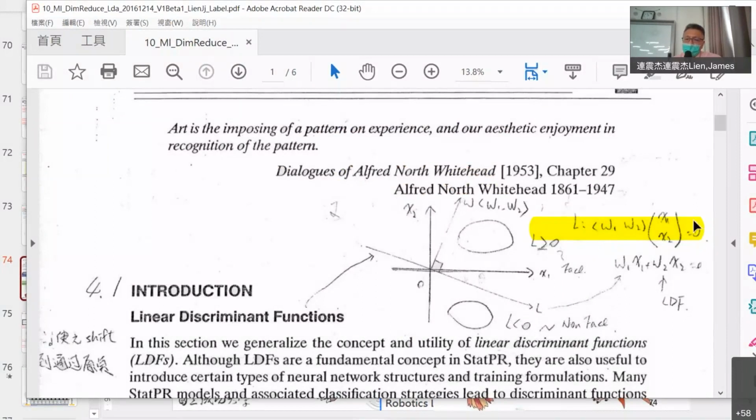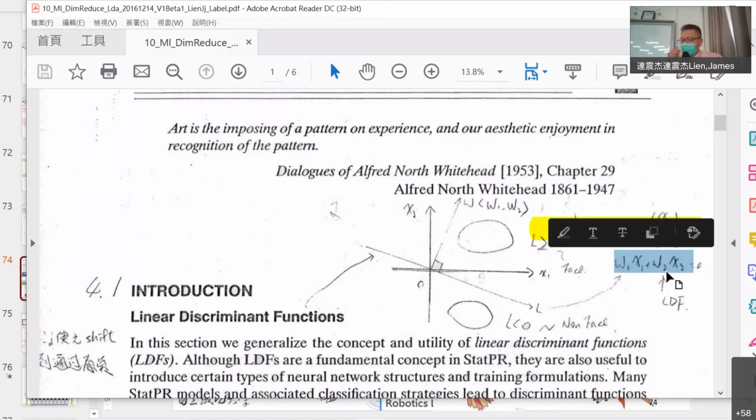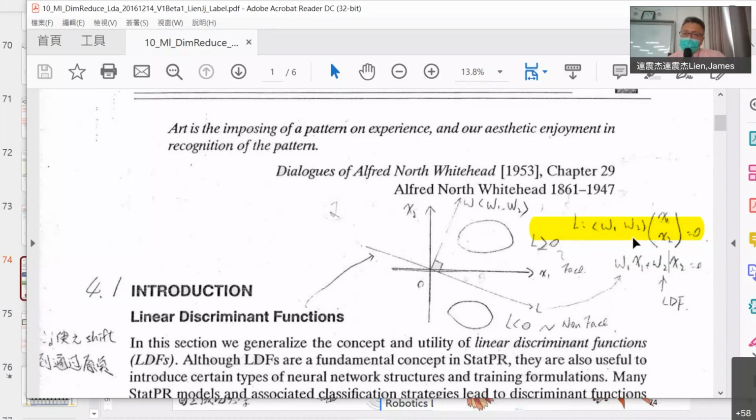Or you can move W0 into the vector, becoming W1, W2, W0 with x1, x2, 1, and the result is 0. My point is that for any line or any plane, when you do the coding, you should represent it in this format, using the inner product form.